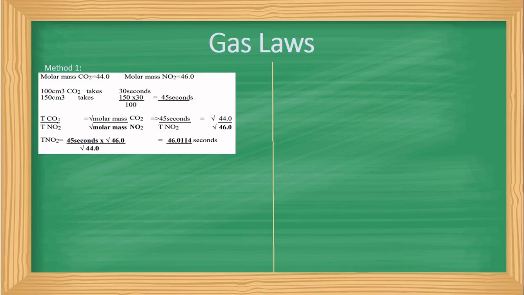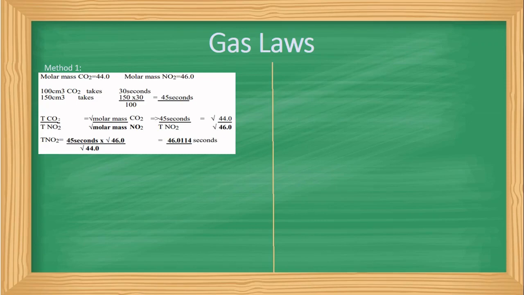So after you have now the time it will take 100 centimeter cubic, you calculate now the time it will take 150 centimeter cubic of carbon 4 oxide, which you find that it will be 45 seconds. So now we apply our formula. The T1 over T2 is equal to square root of M1 over square root of M2.